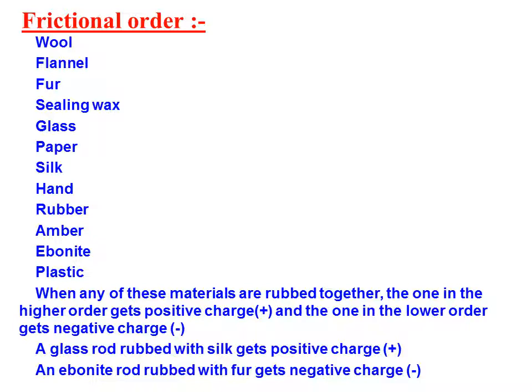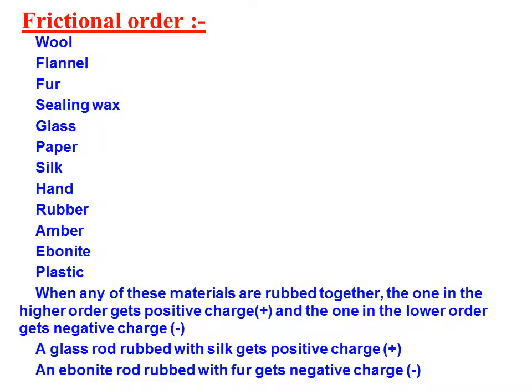That means when things like wool or flannel are charged with the lower orders, they will get a positive charge, and when the lower order is charged with the higher one, they get a negative charge. So in our previous video we talked about this.